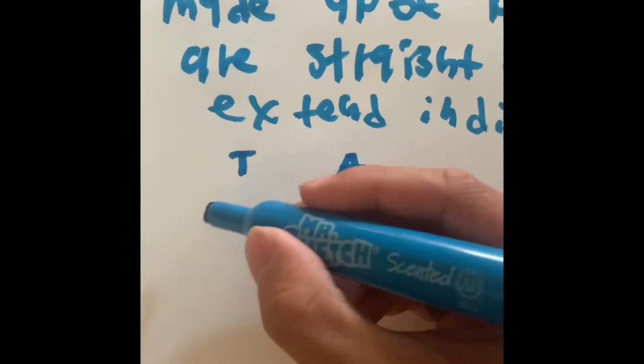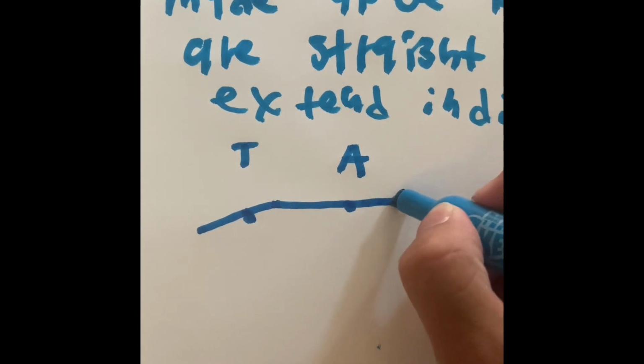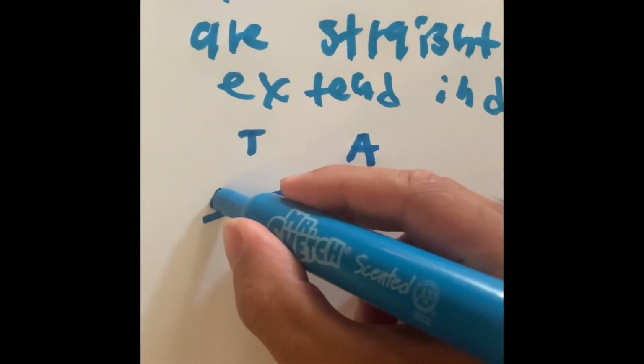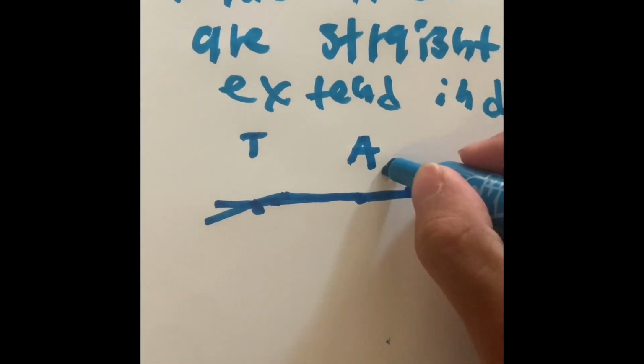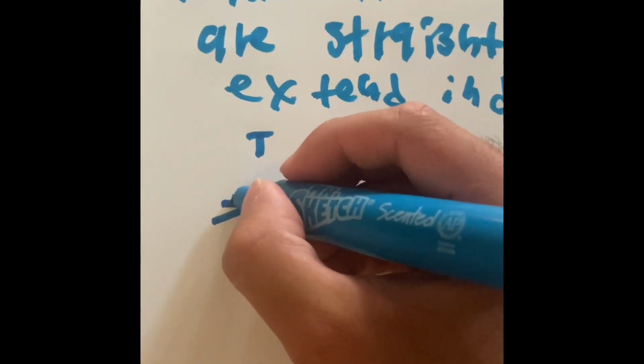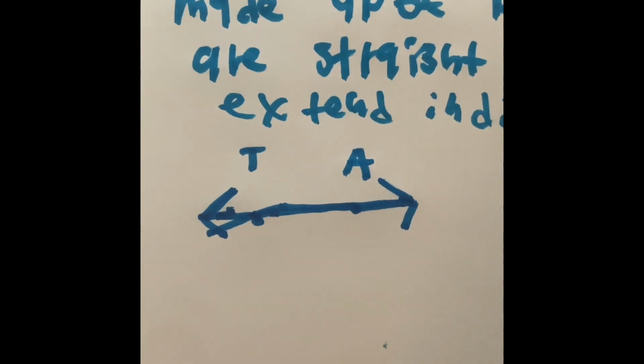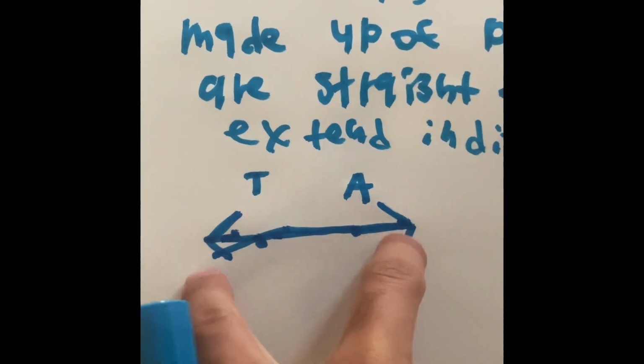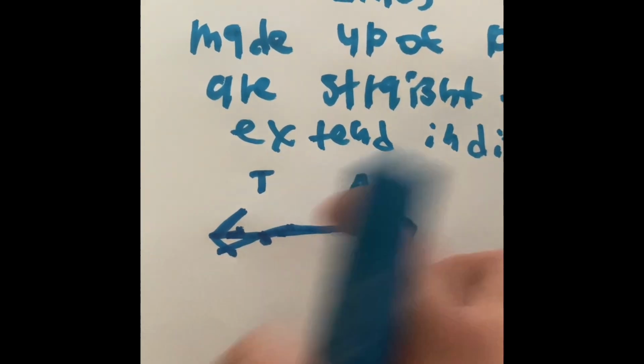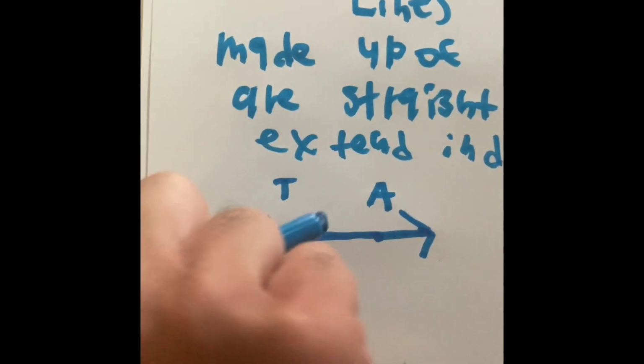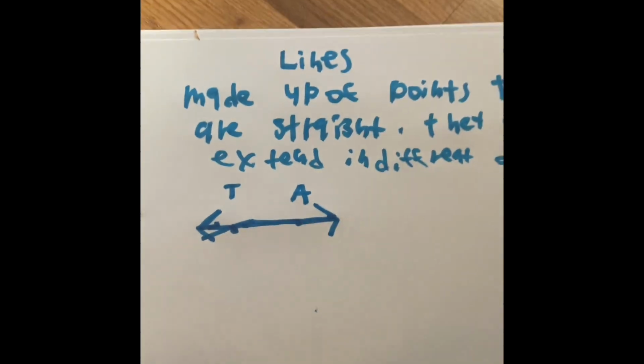And a line can go straight through the points. Something that looks like that. But always remember to add arrows indicating that they can extend infinitely into either direction. They can go left, they can go right, and go on forever.